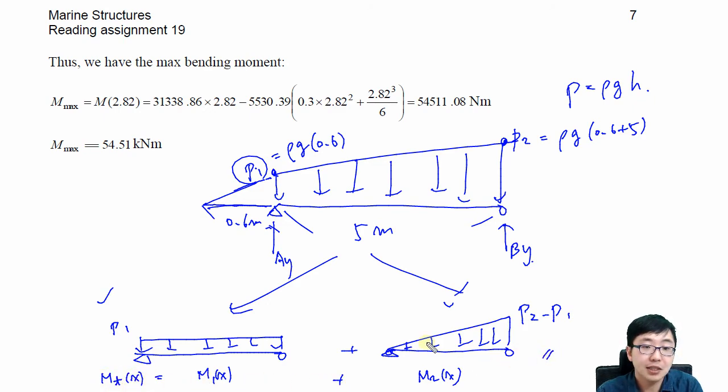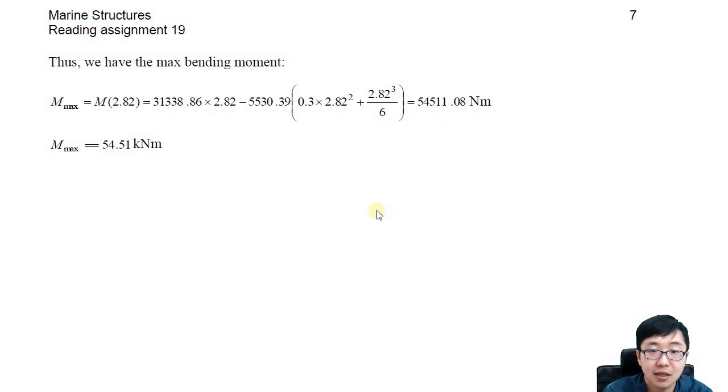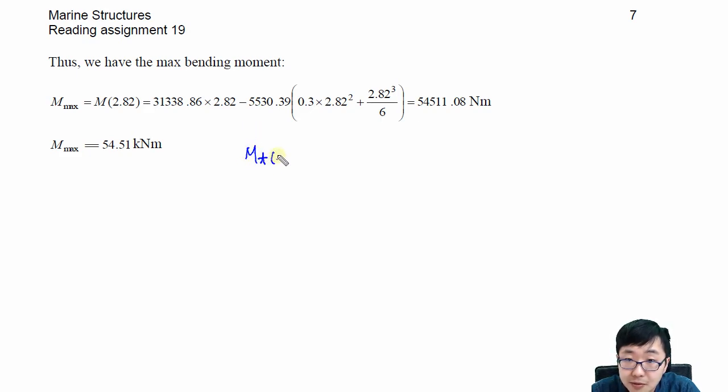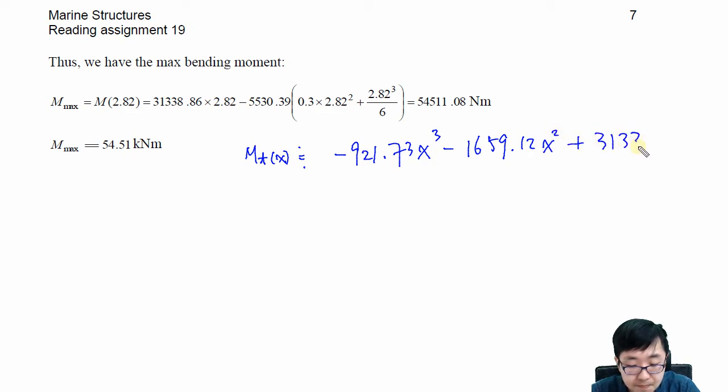So let's try this one. My calculation is, give me a second, if you follow my suggestion, you should be able to get the total moment Mx, that is nearly negative 9173 x square, right?